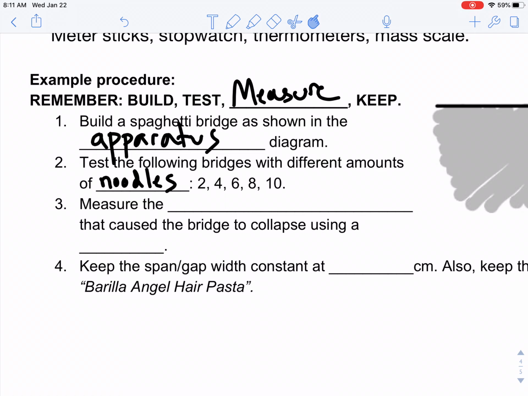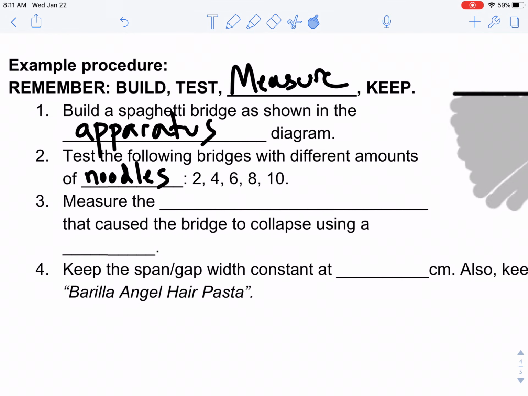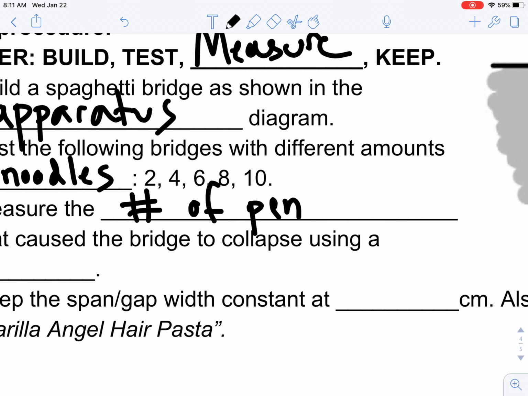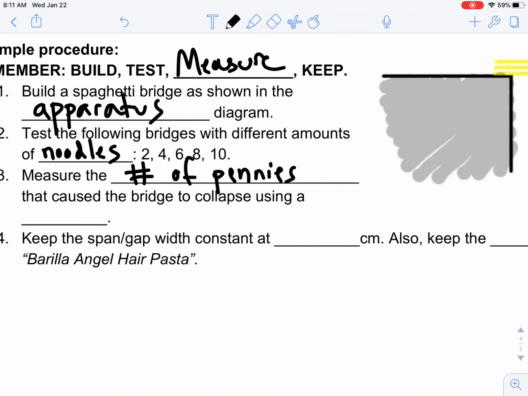Measure the number of pennies that caused the bridge to collapse. In this case, we don't really have a scientific instrument that we're going to use, so I'm just going to cross this out.